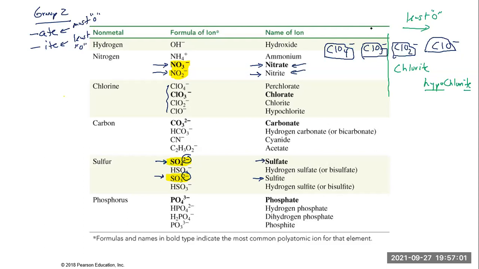Same thing if we look to the left, they have the most oxygen, which means this would be chlorate, ATE. This would also be chlorate. Again, we cannot have the same name for two different things. So the one in a group of 4 that has the most oxygens will also start with per. So that's perchlorate, chlorate, chlorite, and hypochlorite.